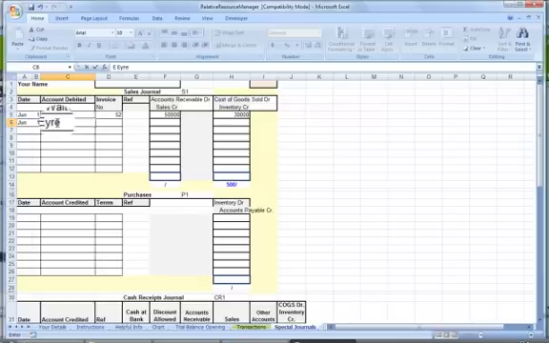E-Air. The invoice number is 53. The amount of the sale is 10,000, and therefore our cost of goods sold is going to be 60% of that, will be 6,000.